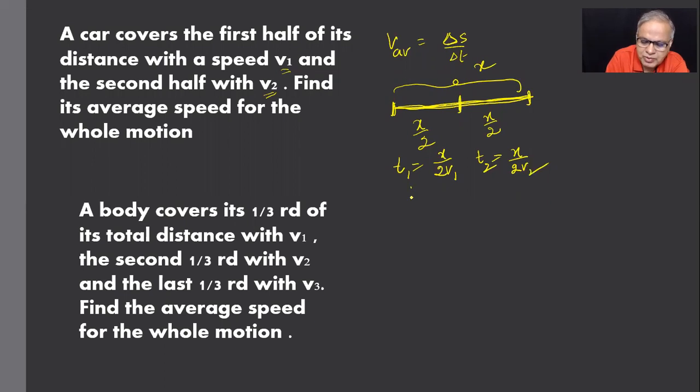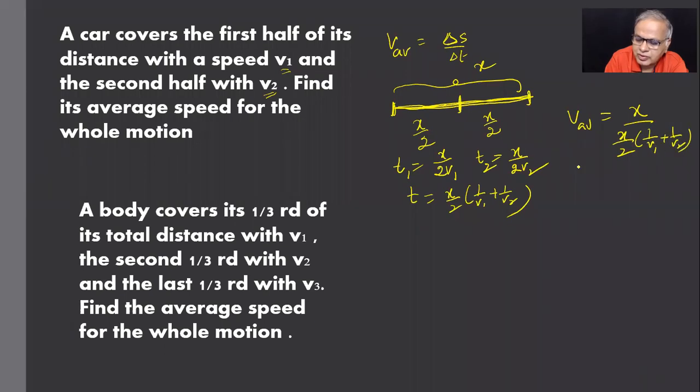The total time T will be x by 2, 1 by V1 plus 1 by V2. So average speed, V average, we thought the total distance is x. This time is x by 2 into 1 by V1 plus 1 by V2. So simplification should give you 2V1 V2 by V1 plus V2.